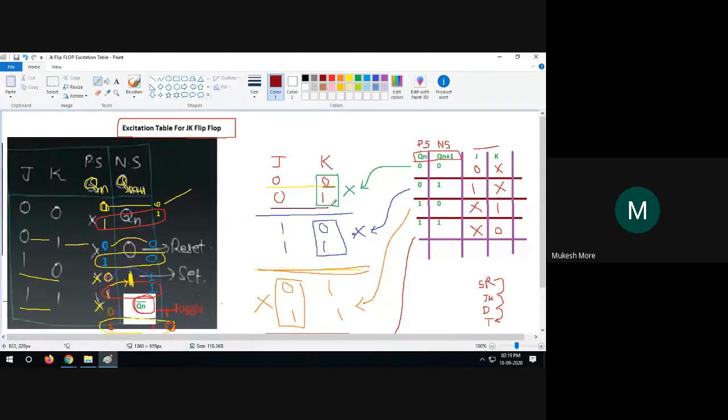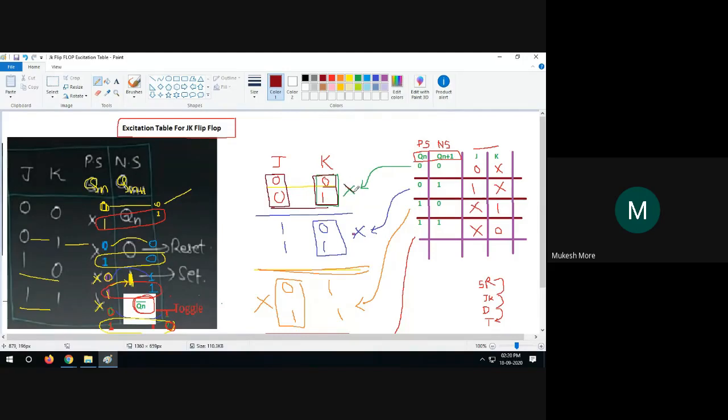Now if you look at the similarity and difference of these two combinations, J is similar for all the combinations when Qn is 0 and Qn+1 is 0, but there is a difference in the K value. The first time the K value is 0, the second time it changes to 1.